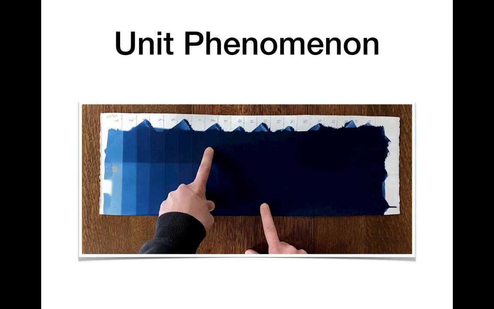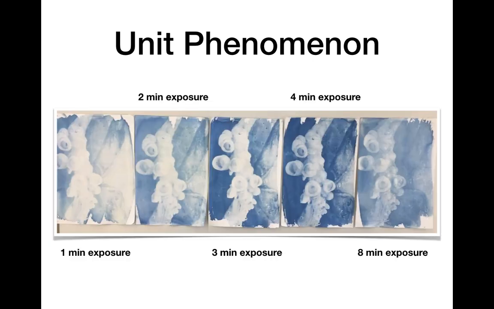Here's our phenomenon. So those of you who are taking art, and we did cyanotype for our first chemistry phenomenon as well. So here we have different cyanotype, different kinds of exposure. So we can see here's the cyanotype, and here it was covered with paper, more or less exposure to light, and kind of compare the two colors of how that affected the development of the chemical reaction, because cyanotype is a chemical reaction here.